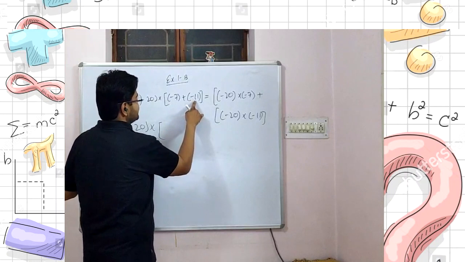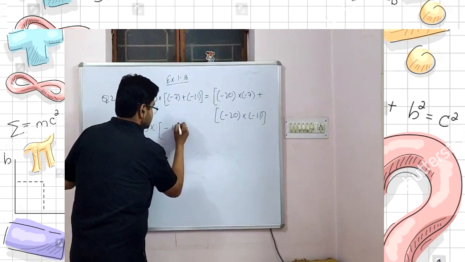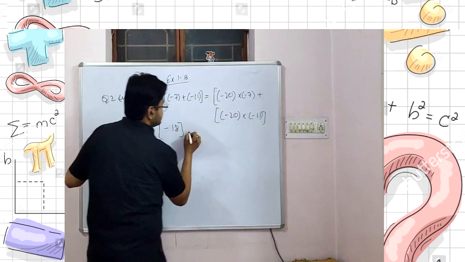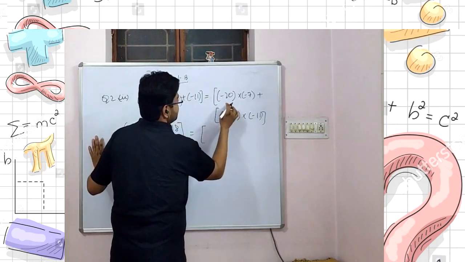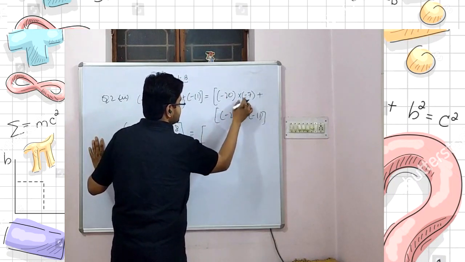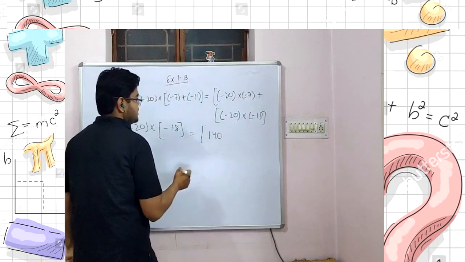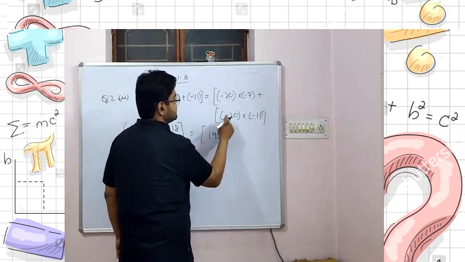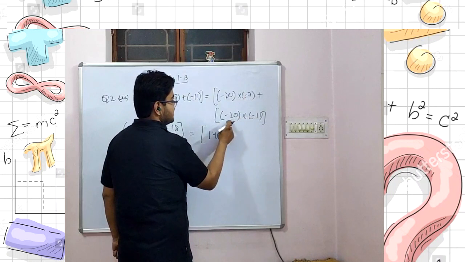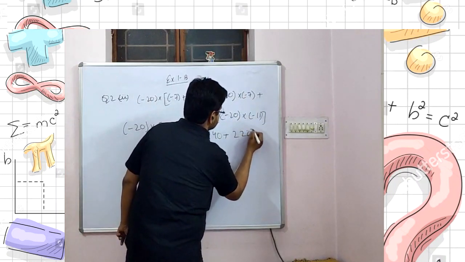So minus 7 minus 11 will become minus 18, and on this side we have minus 20 into minus 7. So minus 20 into minus 7, minus minus will become plus, and it will become 140, plus here this minus minus will also become positive, and 11 into 20 is 220.